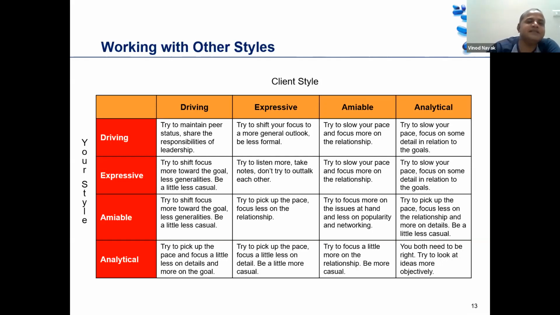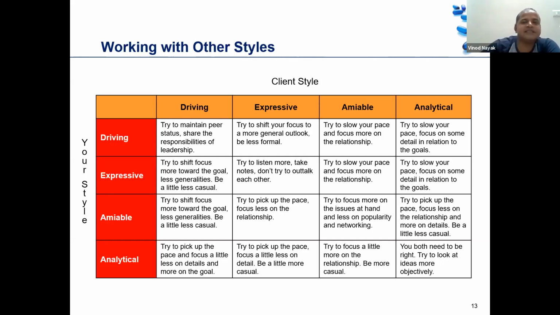If that person is expressive and you're a driver, then the interaction has to be more general rather than specific. It's a less formal relationship you might have to maintain, because an expressive person doesn't understand a formal approach. They like a casual approach.